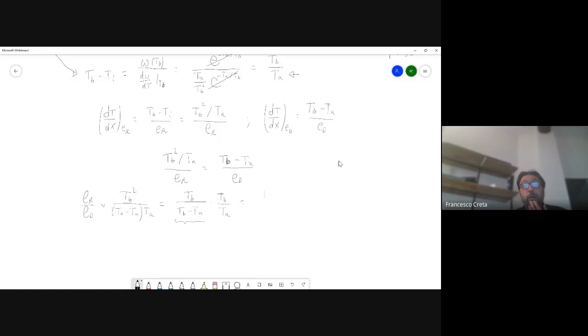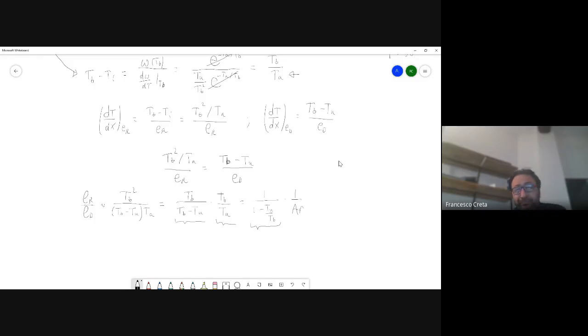So we have 1 over 1 minus TU over TB here. And here we have essentially the reciprocal of the Arrhenius number for this ratio here. So long story short, if you look at this quantity here, this is order 1.